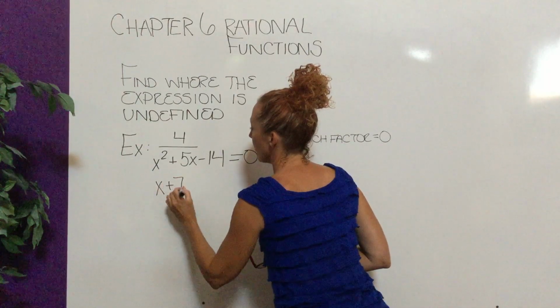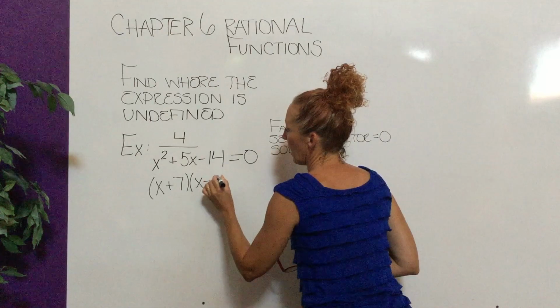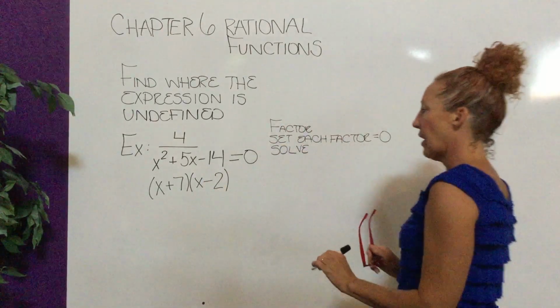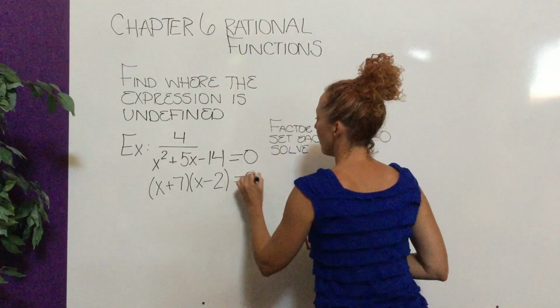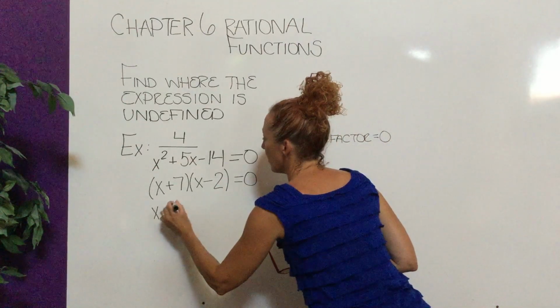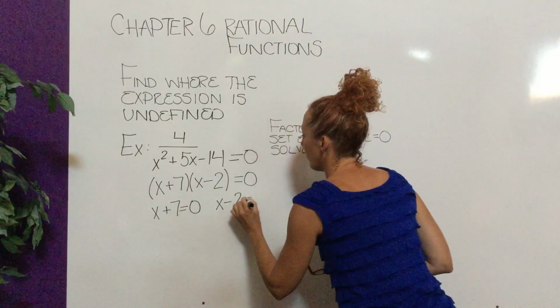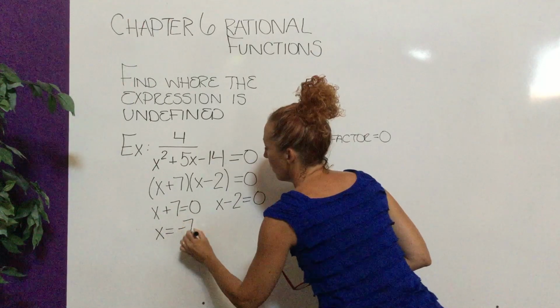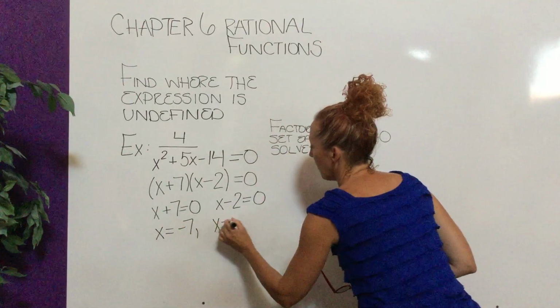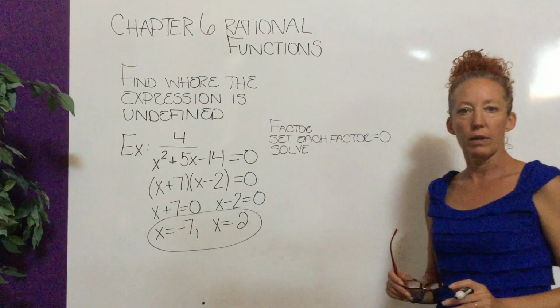So for my factors here, we have two numbers that multiply to -14 and add up to 5. So we've got a +7 and a -2. If I set each of those equal to 0, I'm going to subtract 7 from both sides. Subtract 7, subtract 7. So there's one of the answers. I'm going to add 2, and there's the other one.